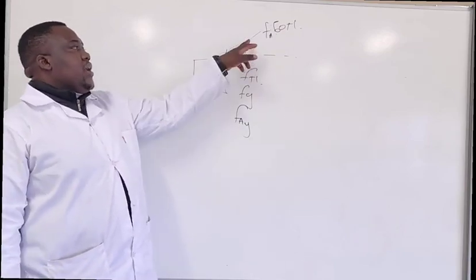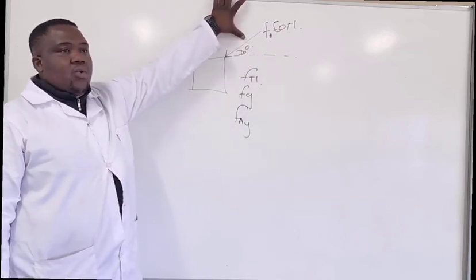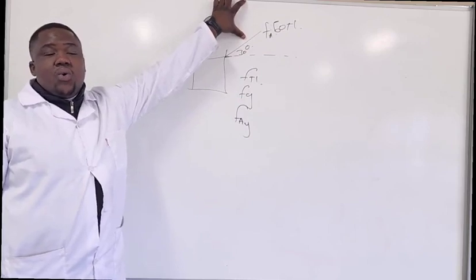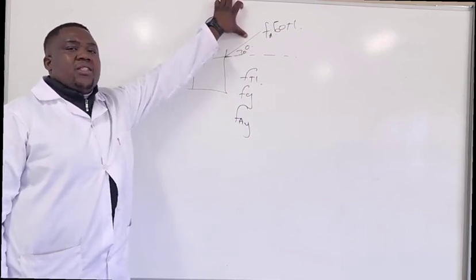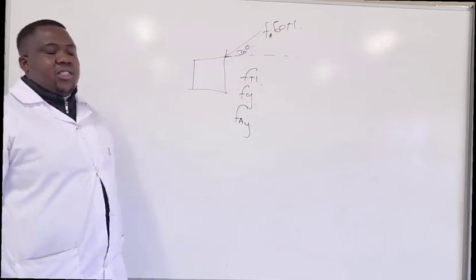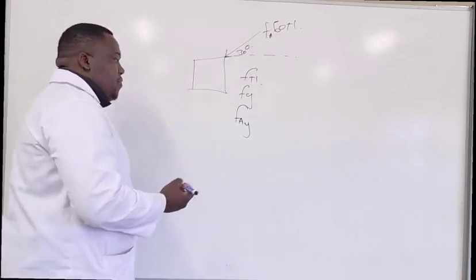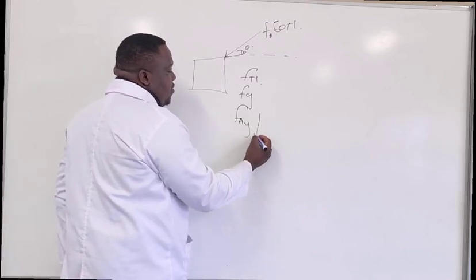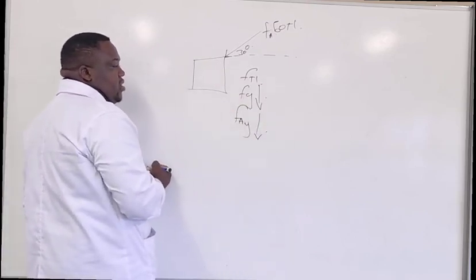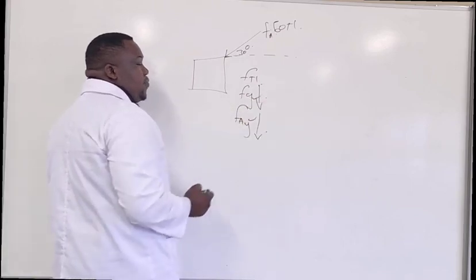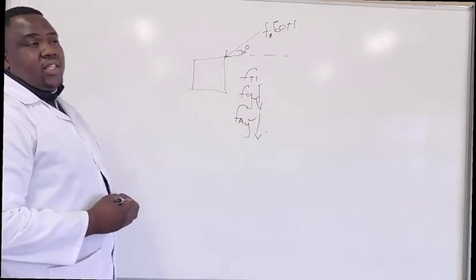So the component of this force will be going down. Understand? What about gravitational force? Gravitational force is always downward. So the vectors are moving in the same direction. Fy is downward, Fg is downward. Understand? So these two forces are going down in the same direction.